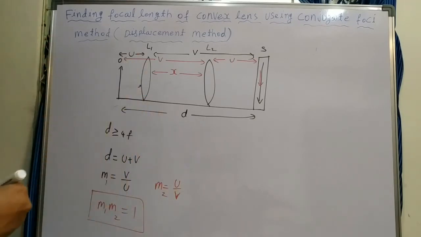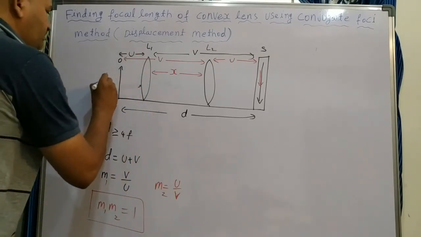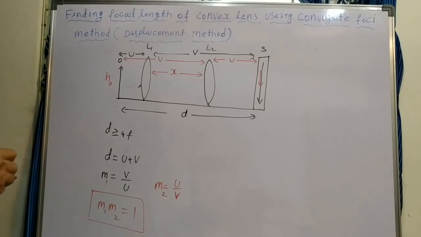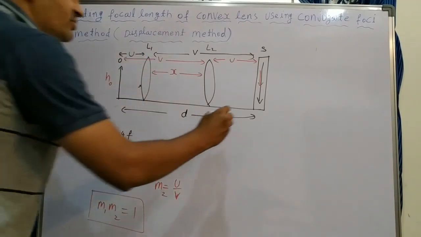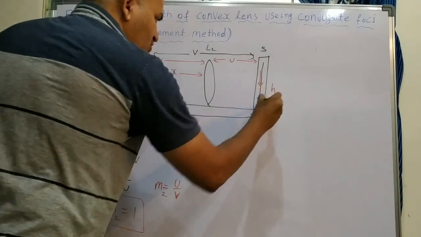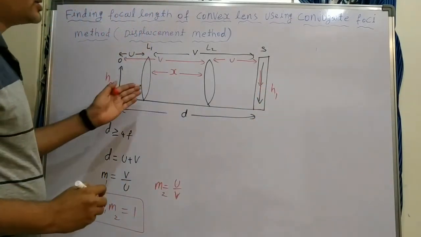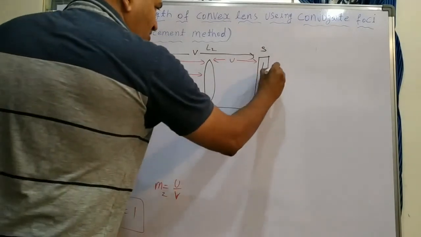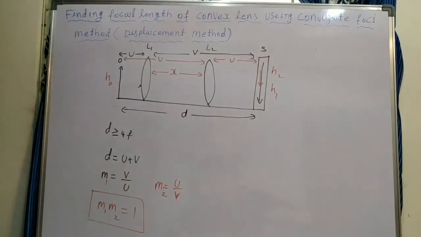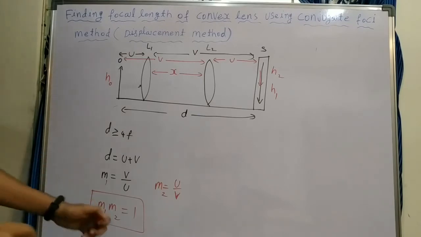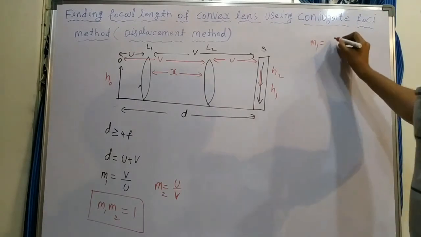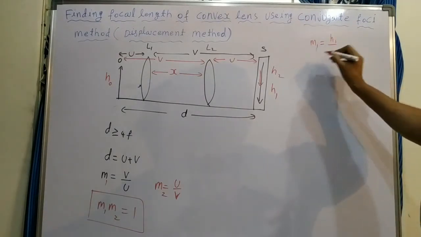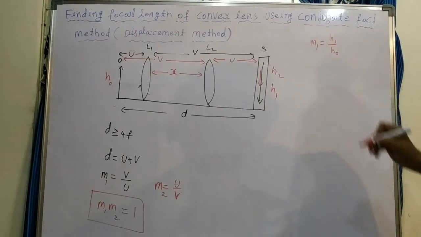Suppose the height of the object is HO. In the first case, with the lens at the first position, the image height is H1, and at the second position the image height is H2. From this, what is M1? M1 is equal to height H1 by object height HO.